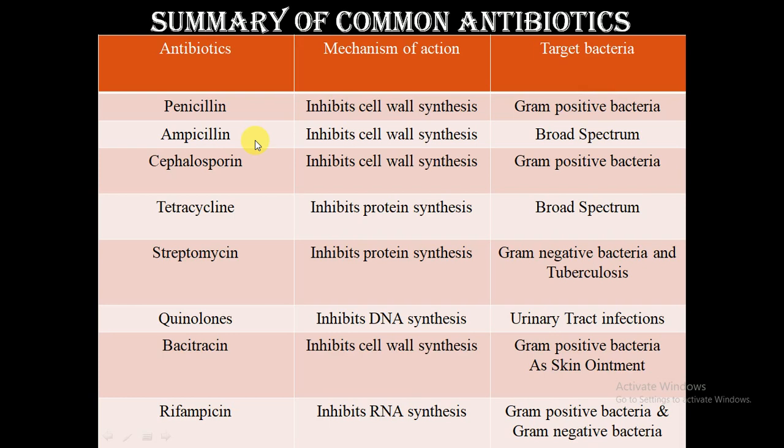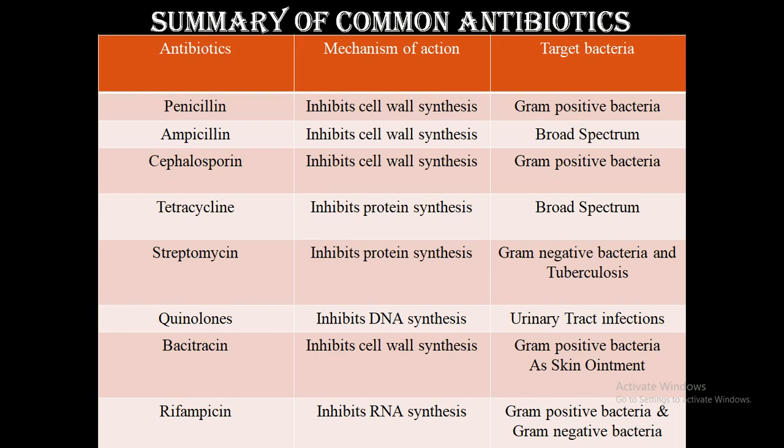Ampicillin also inhibits cell wall synthesis, but it is broad spectrum and can target gram-negative bacteria. Cephalosporin is also a cell wall synthesis inhibitor and targets gram-positive bacteria.